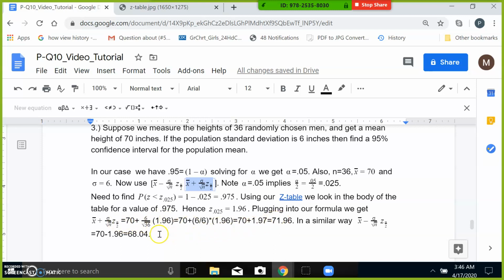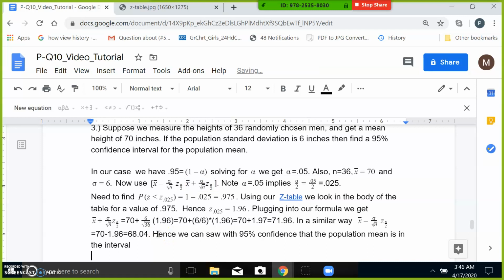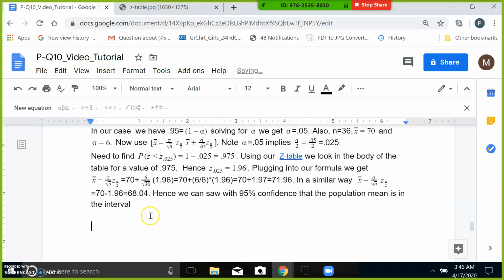So hence we can say with 95% confidence that the population mean is in the interval 68.04 to 71.96.